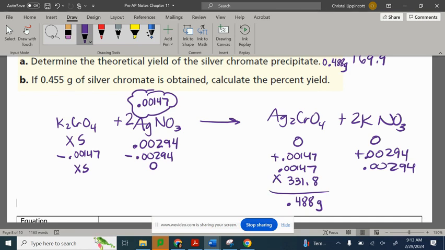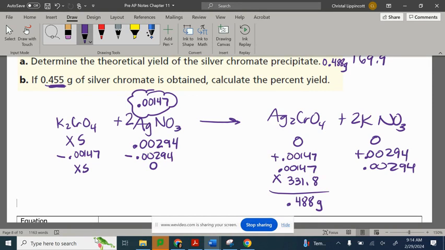In reality, what happened? You only got 0.00147. Well, no, I only got this much. So in reality, I only ended up making this much. This is my actual yield here.